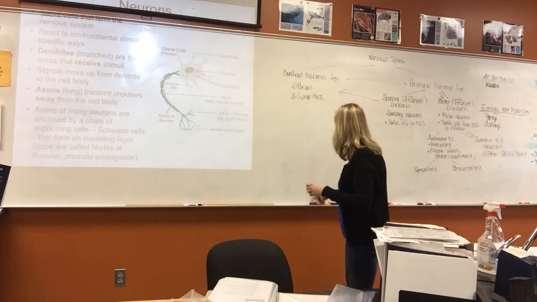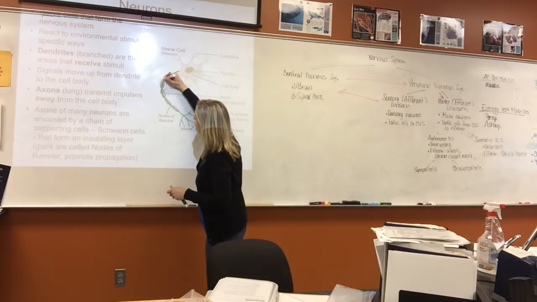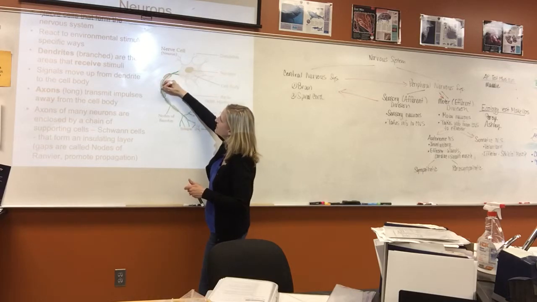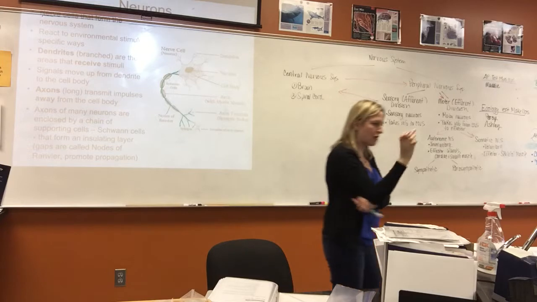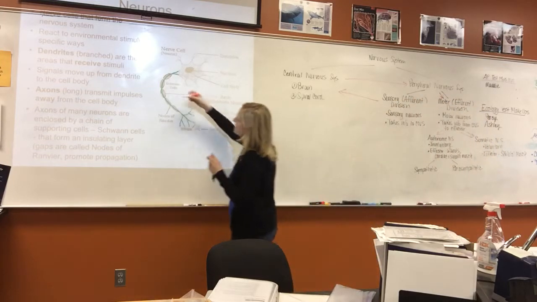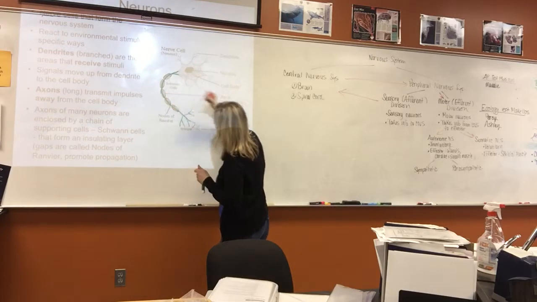Now notice the Schwann cells do not butt up right next to each other. So here's the end of one and here's the end of the other. So you have these small areas where the axon of the neuron is exposed. And that small area is what we call the node of Ranvier, from the French scientist who discovered them.